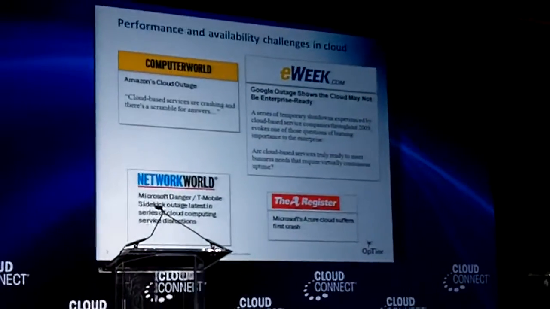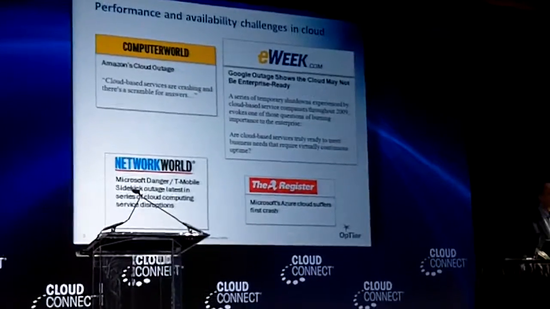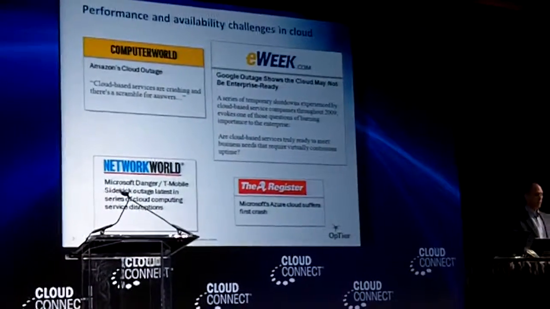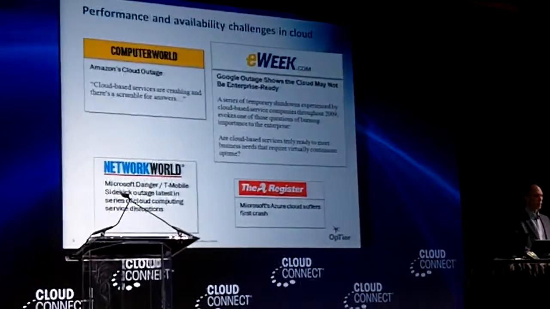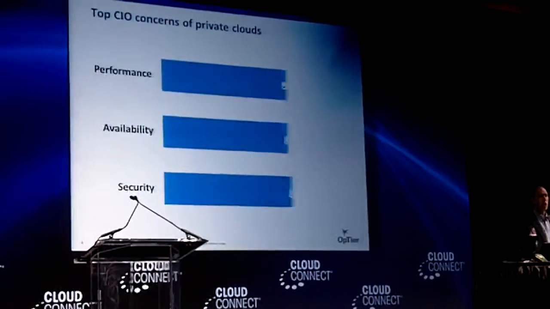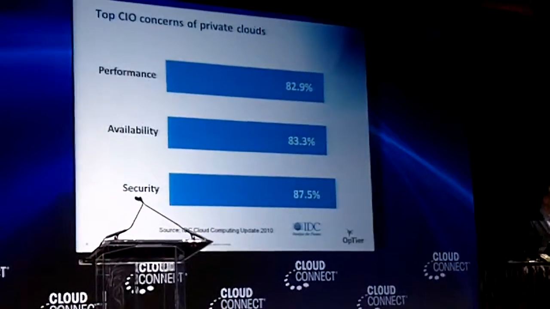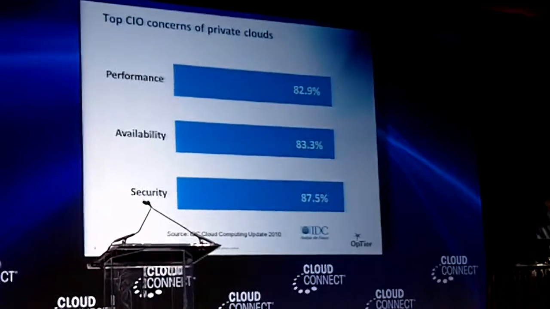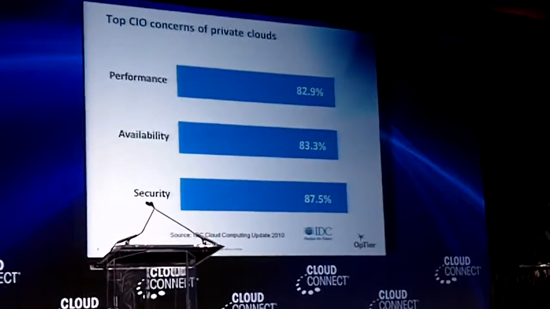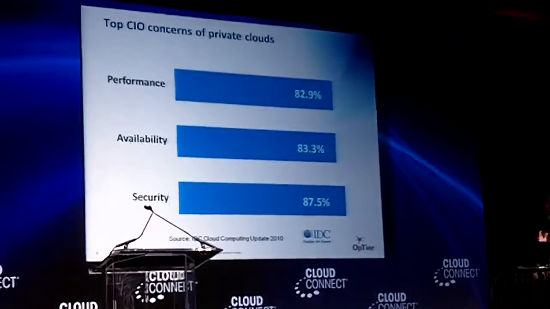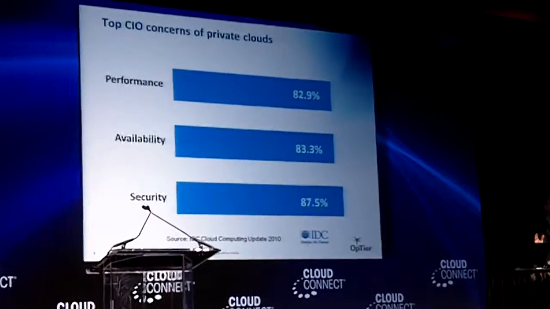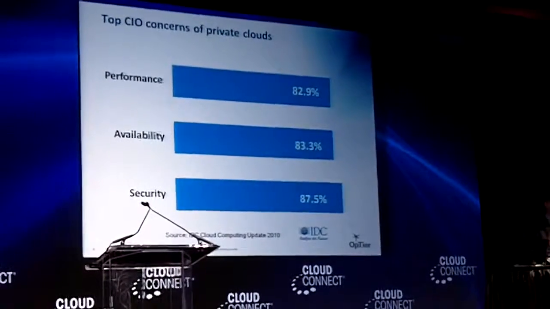Google, Amazon, Microsoft have all had performance issues, have had outages, illustrating the fact that it's hard to manage performance in the cloud. So it's no wonder that on the enterprise side, the people who manage IT, who manage enterprise applications, are very concerned about moving their applications to the cloud because of performance and availability.